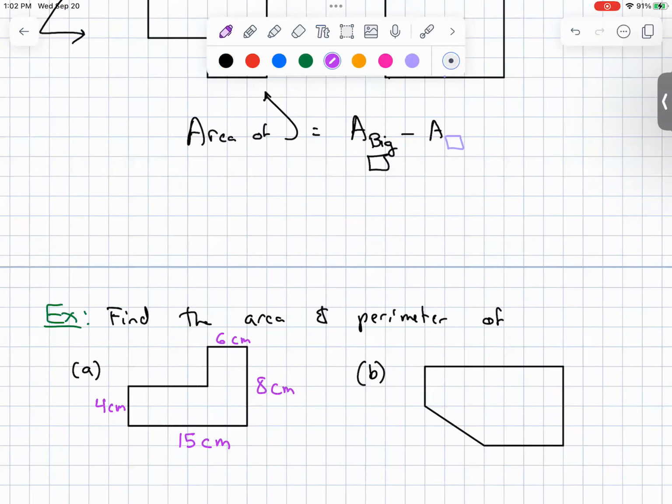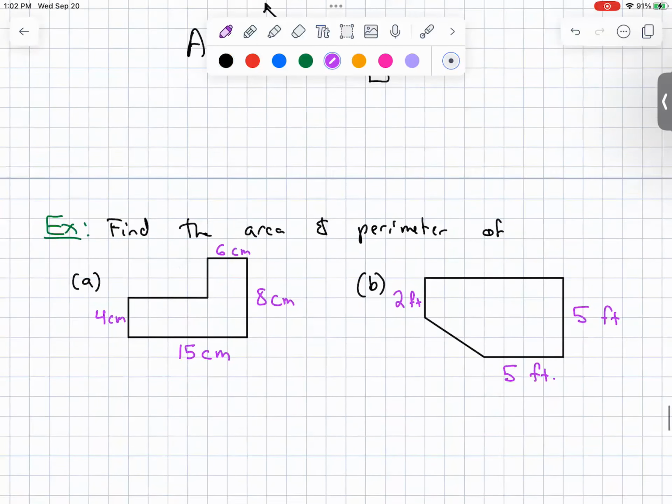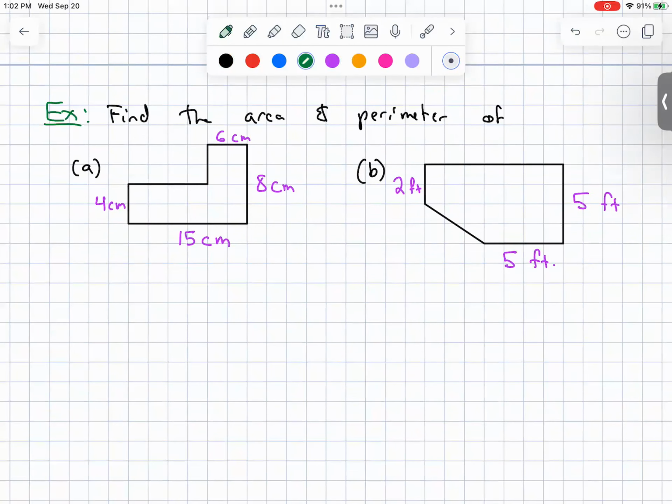And it says 2 feet, 5 feet, and 5 feet. That's all that's given. That's a lot to draw, so I'm going to take a step.